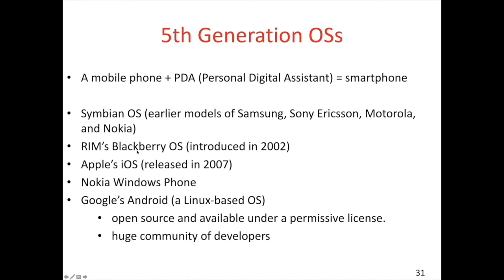RIM's BlackBerry operating system was introduced in 2002. Apple's iOS was released in 2007. Nokia phones use Windows, and there is Google's Android, a Linux-based operating system. This is open source and available under a permissive license. It is used by a huge community of developers.